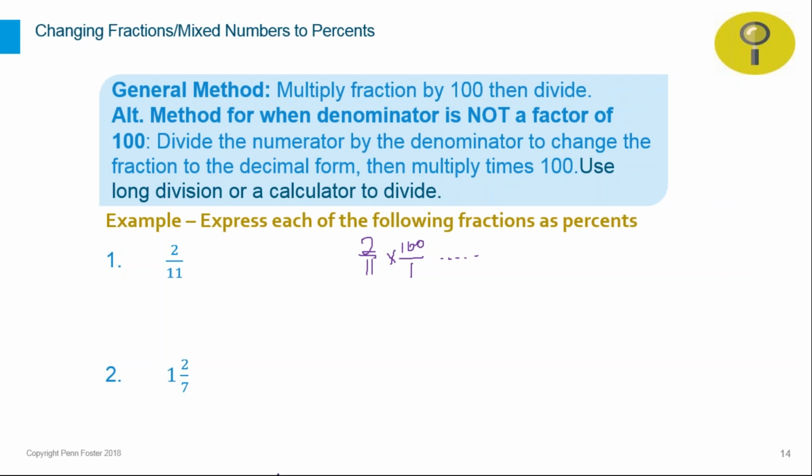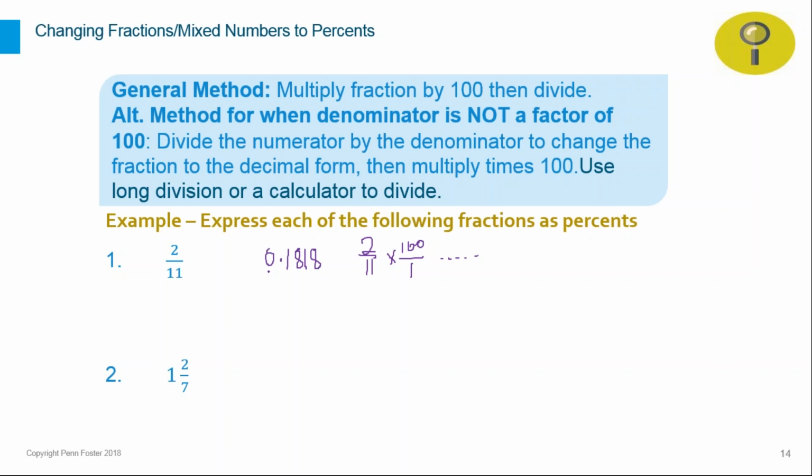Another method I want to go over is, since 11 is not a factor of 100, we can simply divide 2 over 11. You can use your calculator. You can punch in 2 divided by 11, and that will give you a decimal value. The decimal value is 0.1818, and so on.